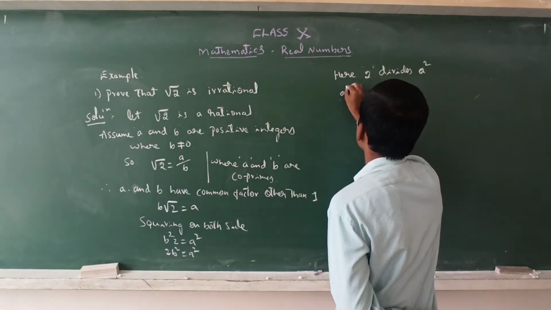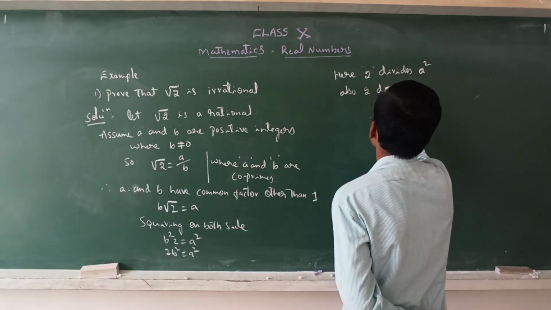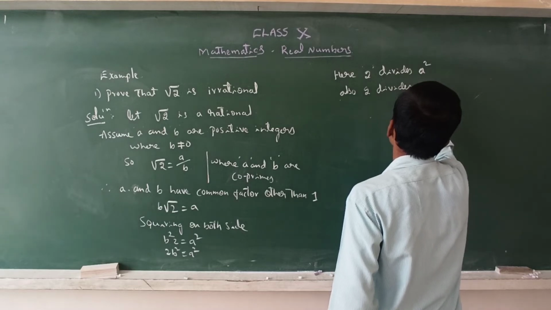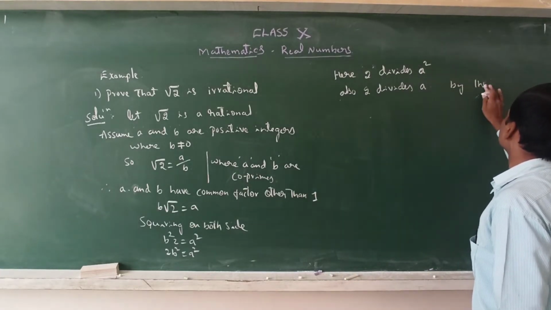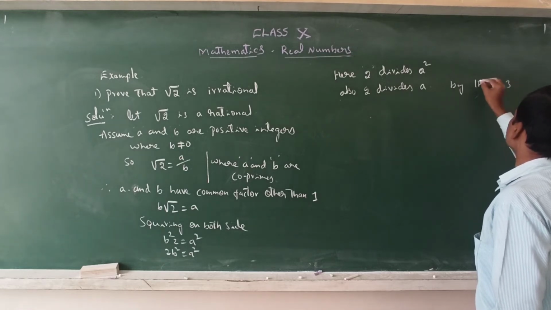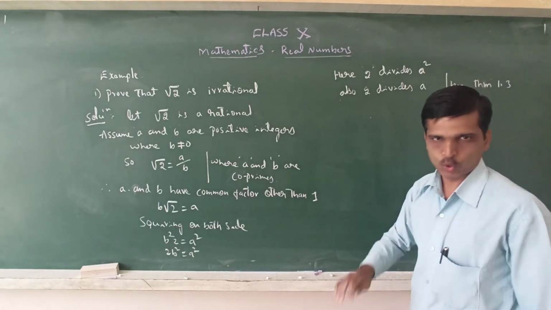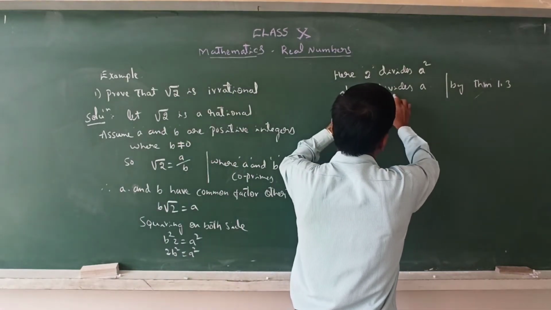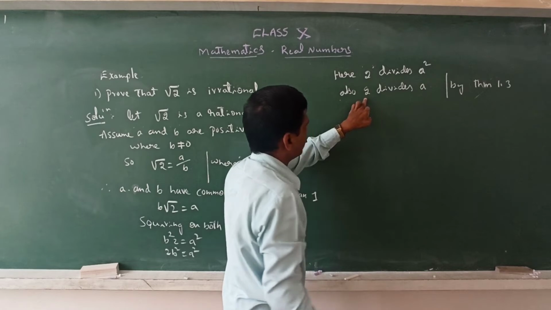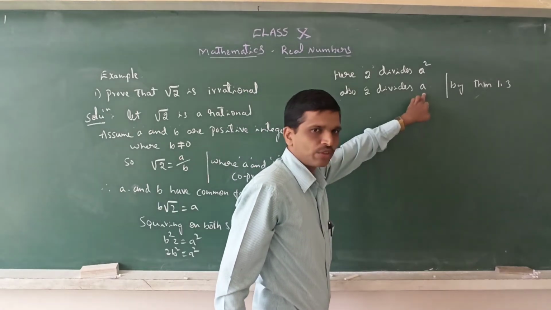Therefore 2 also divides a, by theorem 1.3, which we just proved. If 2 divides a square, then 2 divides a also.